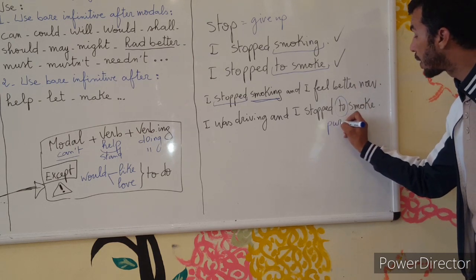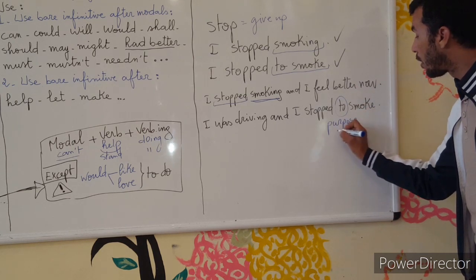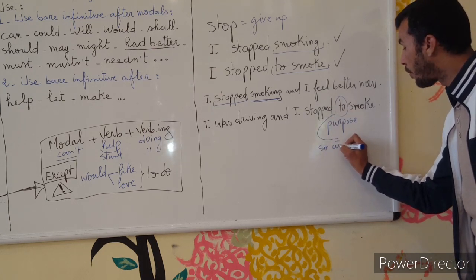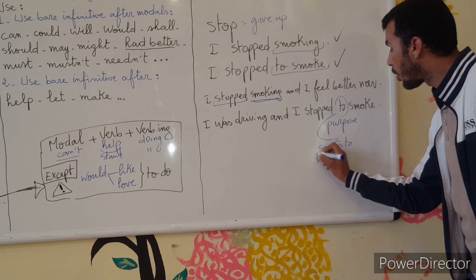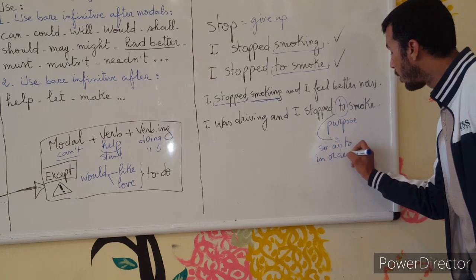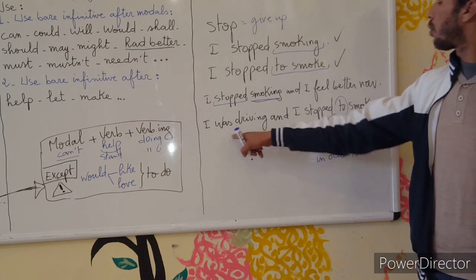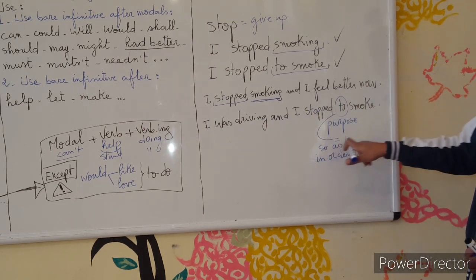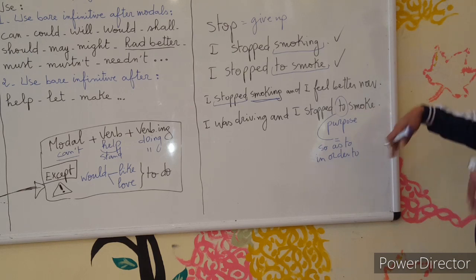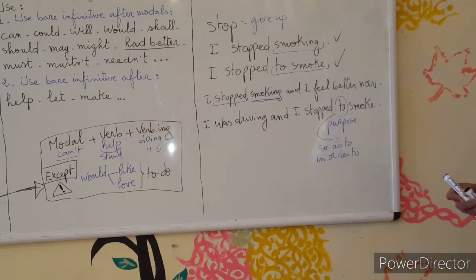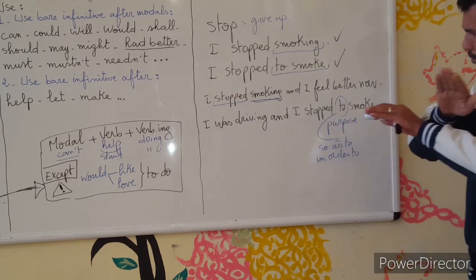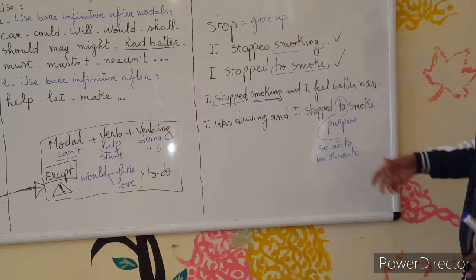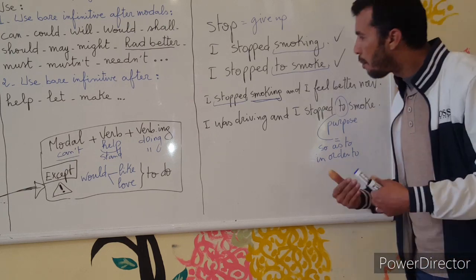This is purpose, a synonym of "to" here: so as to or in order to. So I was driving and I stopped driving my car so as to smoke a cigarette and then continue driving. But in the first one, I stopped smoking forever and now I feel healthy, I feel better than before.